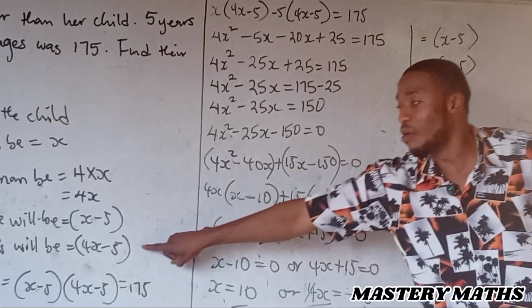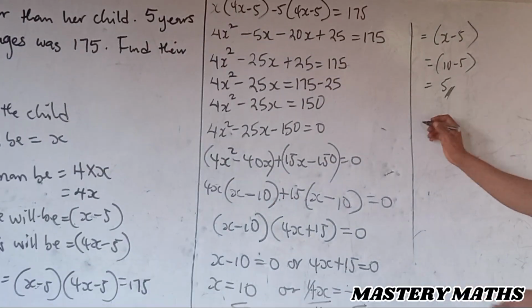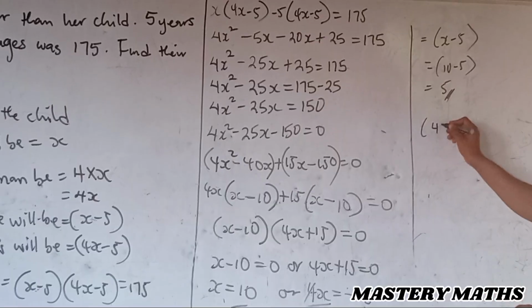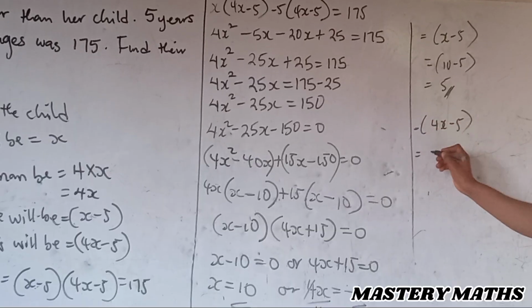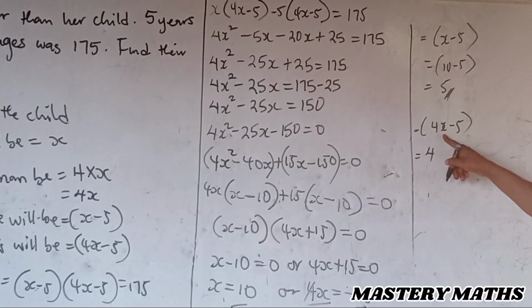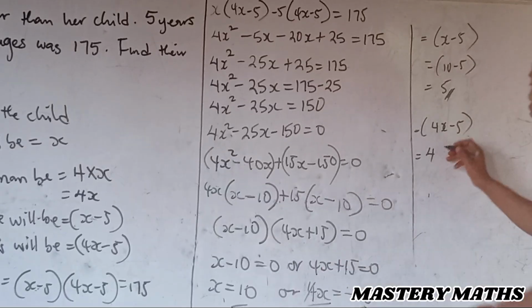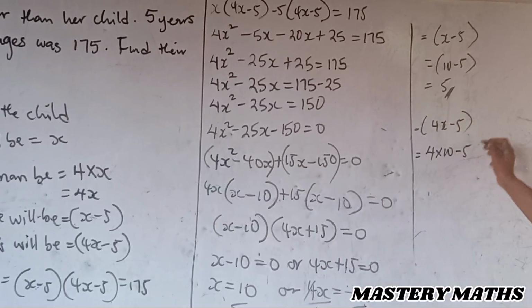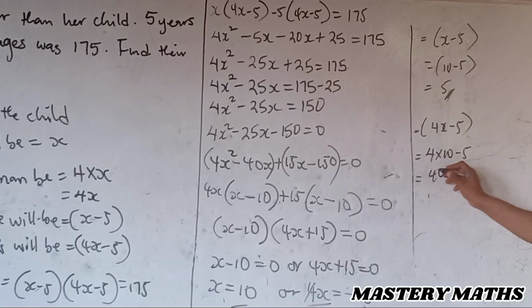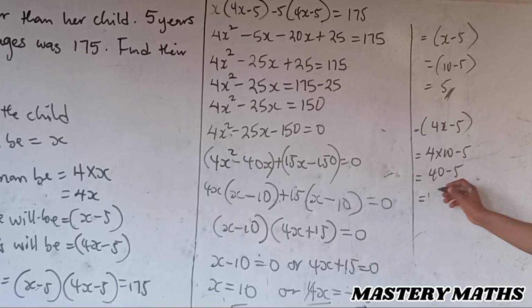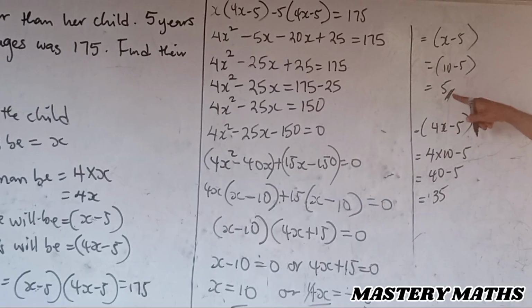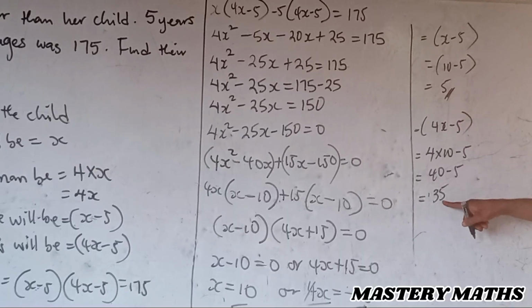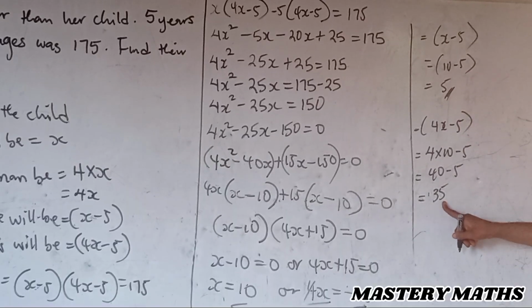The woman's present age will bring in the past age, which is 4x minus 5. That is 4 times 10 minus 5. 4 times 10 is 40, minus 5 gives us 35. So the child's present age is 5 years, while the woman's present age is 35 years.